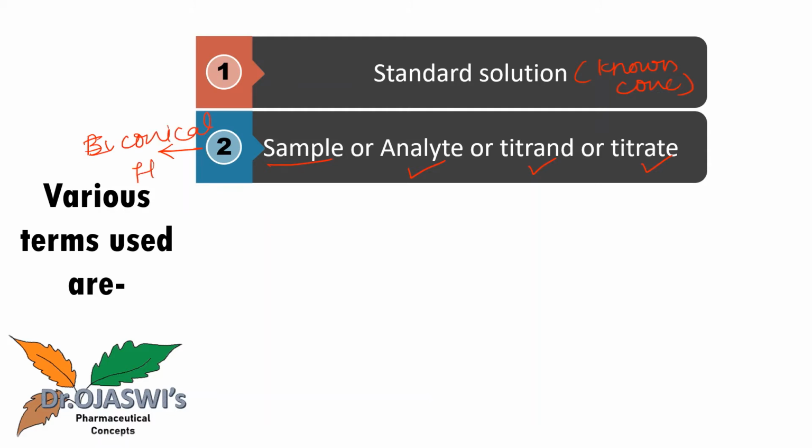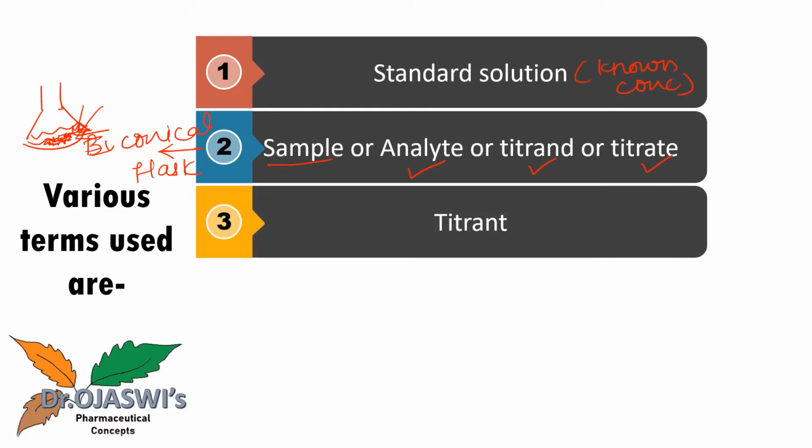In this conical flask, I take the substance. I weigh the amount of substance as stated in the standard procedure, add some solvent to it, add some other required reagents, and add the indicator. Everything is taken in the conical flask.